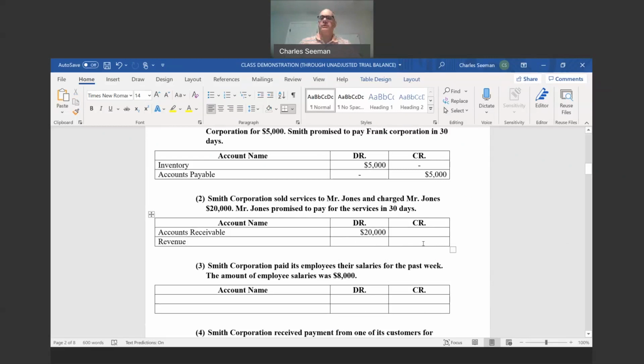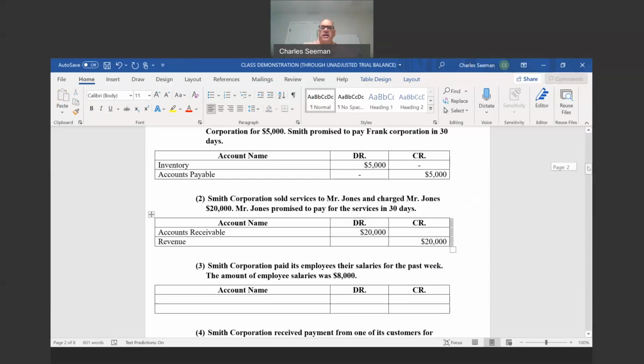Because I provided him with services. Services revenue is on the right side of the accounting equation. Revenues went up because I didn't have it before. And everything on the right of the accounting equation was credit increase and debit decrease.